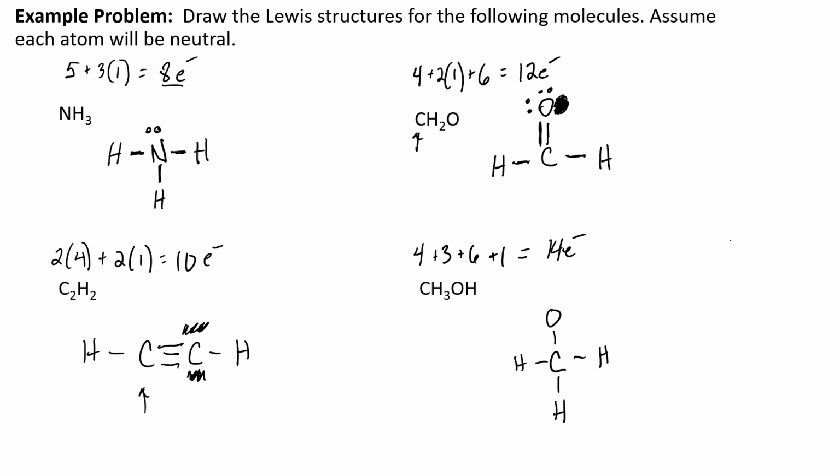So we can't put any more bonds to carbon, so let's put it to oxygen. If I distribute the remaining electrons to the exterior atoms, I see there's only one place I can put them, that's on your oxygen. And I notice that I've used all of my electrons, 2, 4, 6, 8, 10, 12, 14.